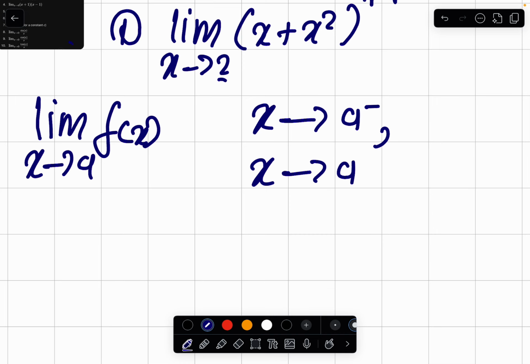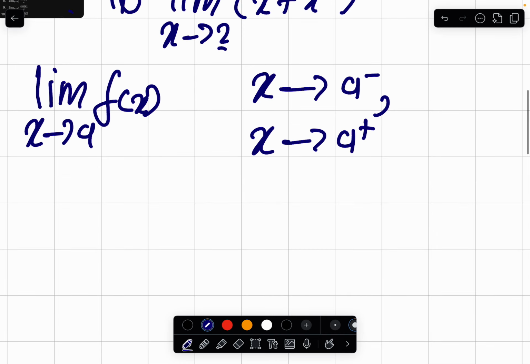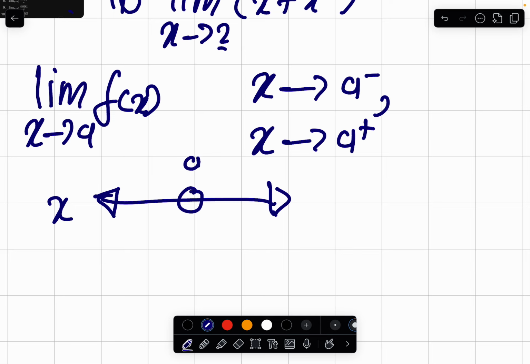Let's say x is approaching a from the right. Then we have a number line here. This is the x-axis, and this is our a. We're approaching a from the left and from the right.